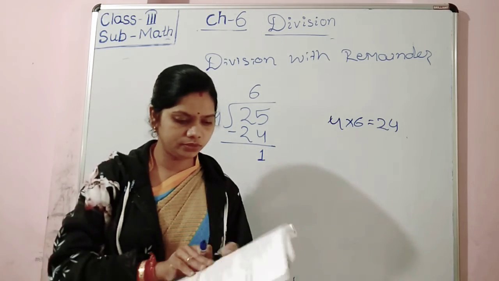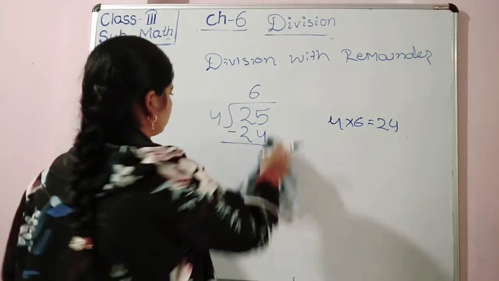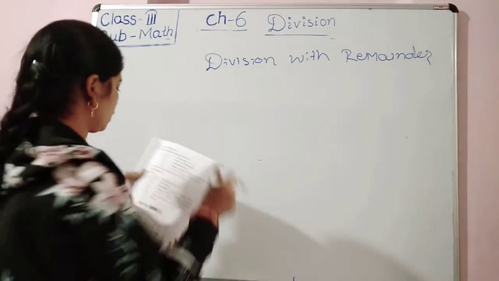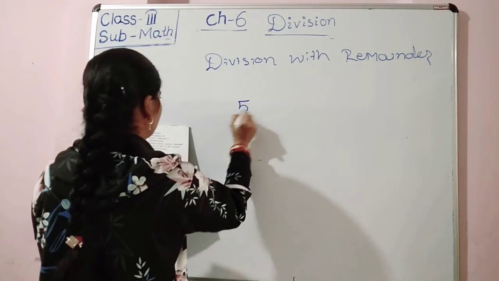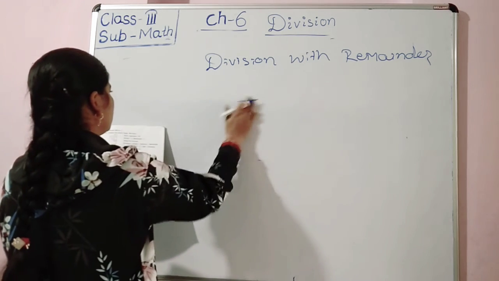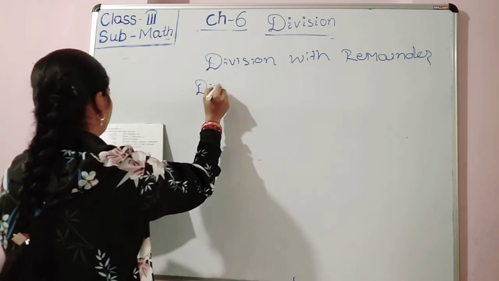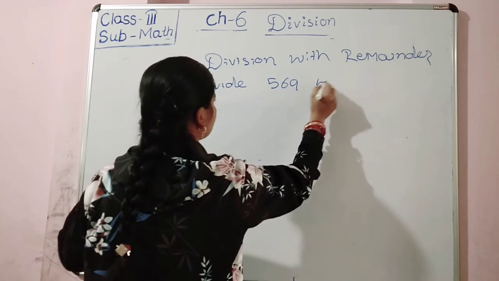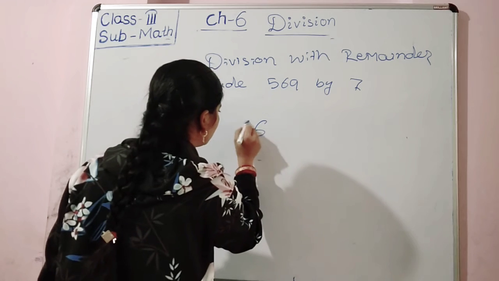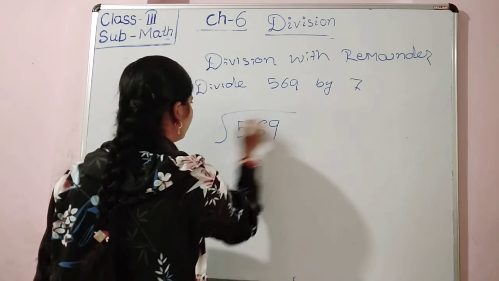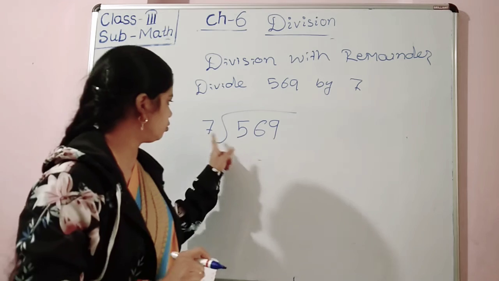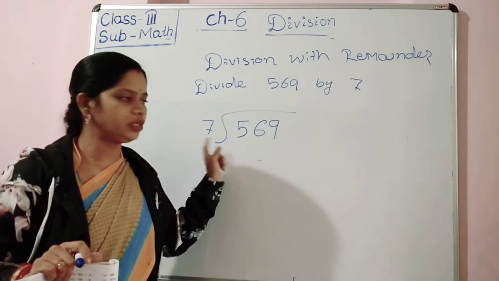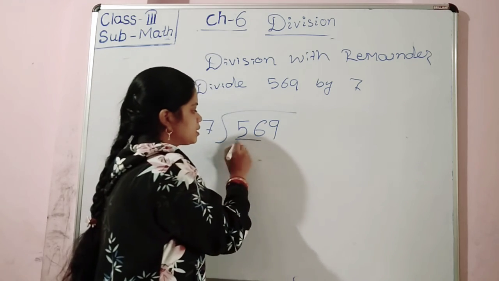Next example: divide 569 by 7. Here we take 7, and 5 in the hundreds place, so you take the two digits 56.